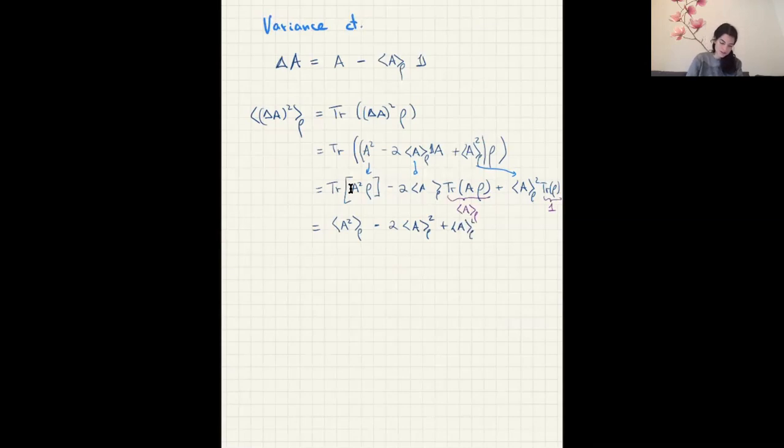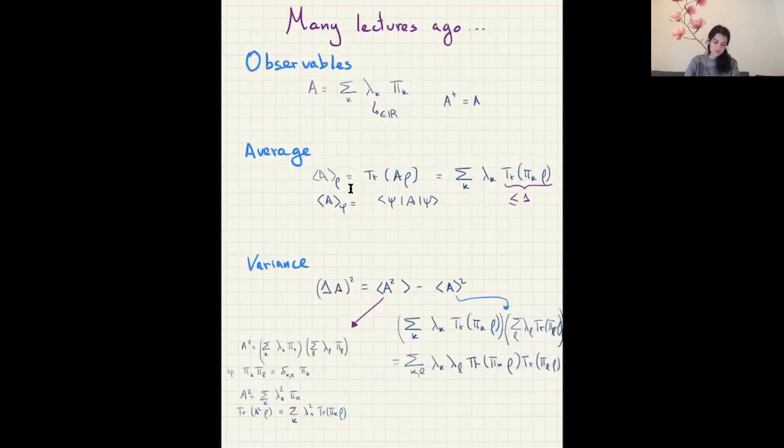These two terms are the same, so we get the average of A squared minus the average of A squared, which is exactly what we had before when we defined this.